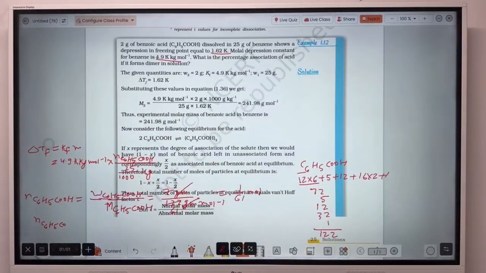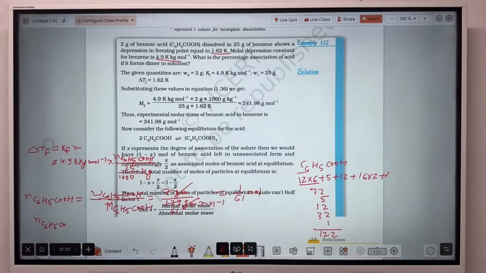Okay guys, hope this is clear for you. You have not felt any difficulty till here. What I have calculated is the number of moles of benzoic acid that has been dissolved in 25 gram of benzene.